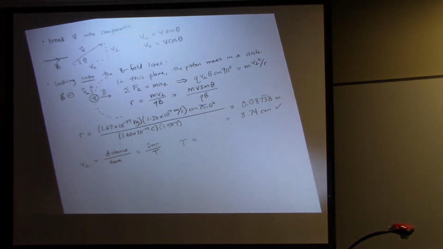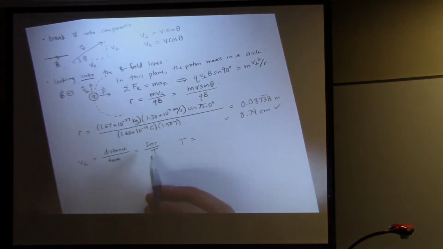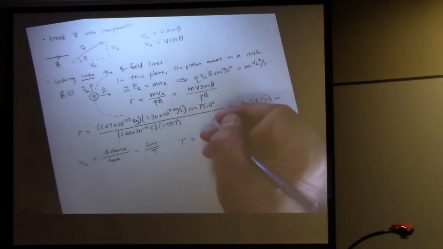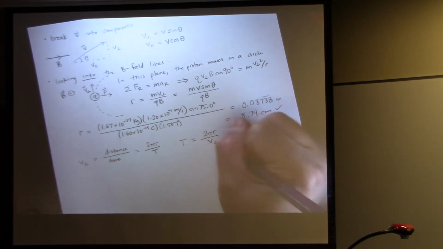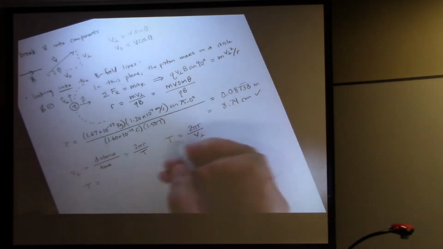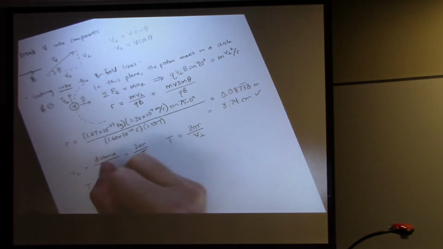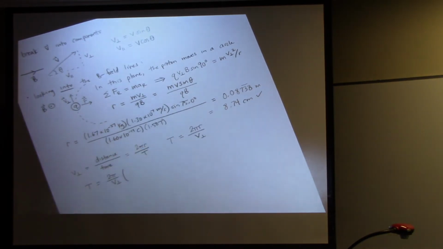So what do I have? If I'm taking this and solving for T, multiply on both sides by T, divide on both sides by V perpendicular, we get 2 pi times r divided by V perpendicular. So T is equal to 2 pi over V perpendicular, and then plug this expression in for r.